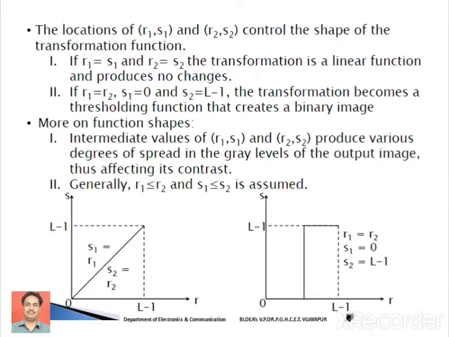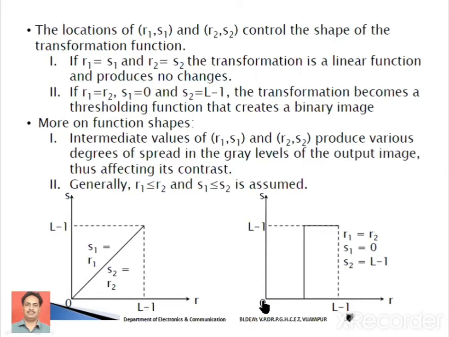This transformation becomes a thresholding function and it will produce a binary image. Can you think how we get a binary image from this curve? Students, it is like this.